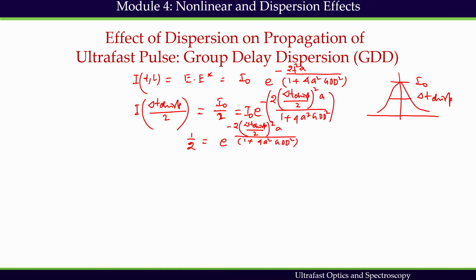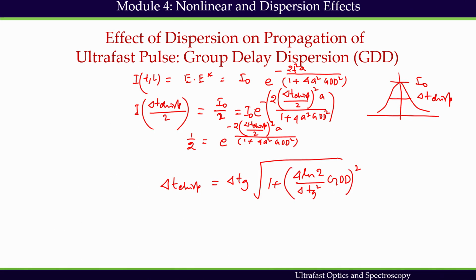So if we simplify it, then we can write down finally that delta t sharp is going to be delta t Gaussian beam, delta t g, square root of 1 plus 4 ln 2 by delta t g square GDD, this is whole square. So this is the expression we get.